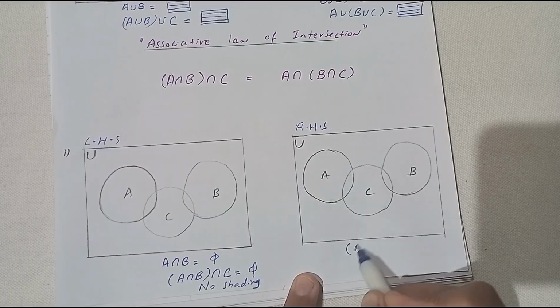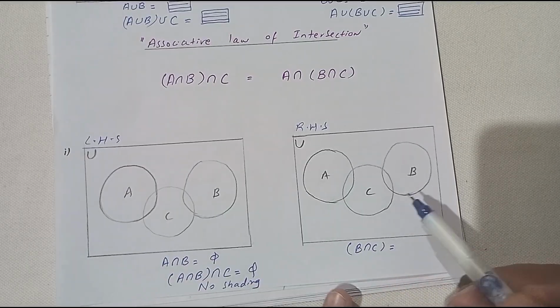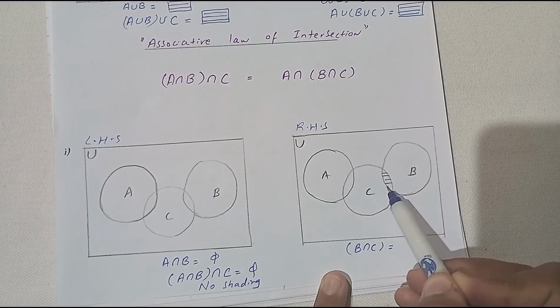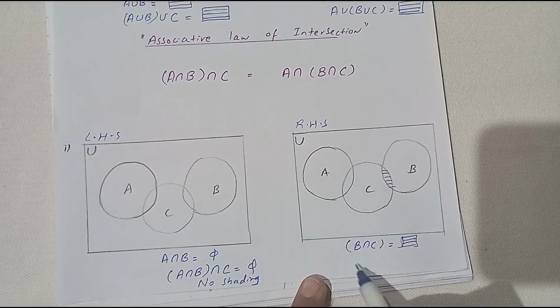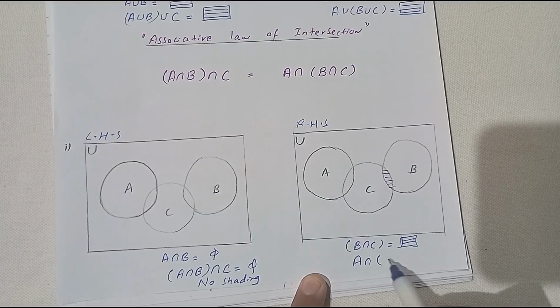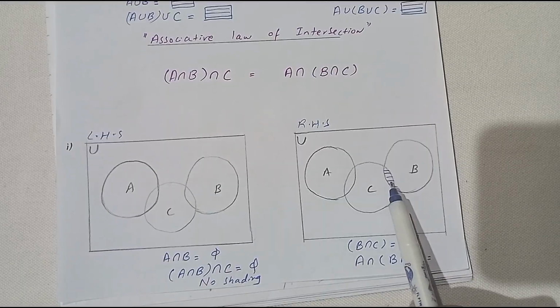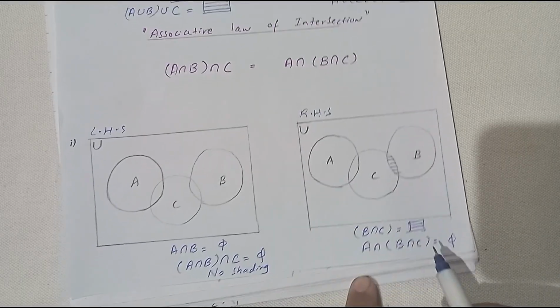First we shade the B intersection C part, the common part of B and C. The common part of B and C is this. We shade it with horizontal lines, and now the intersection of A with the common part of B and C. Since there is no common part of this shading with A, it is also equal to the phi set, no shading.